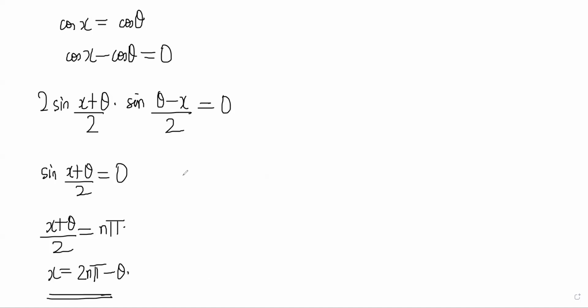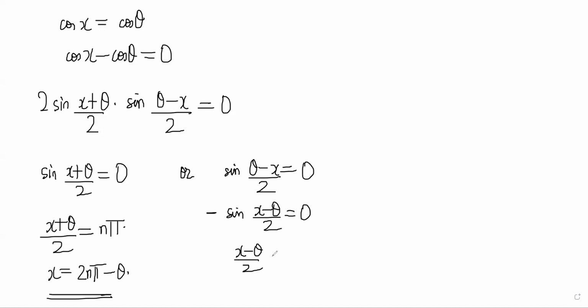Or you get sine of (theta minus x) by 2 is 0. So this can be written as negative of sine of (x minus theta) by 2 is 0, right? Minus will come. So minus can be cancelled out and you can say (x minus theta) by 2 is equal to m pi, and then 2 goes on the other side.